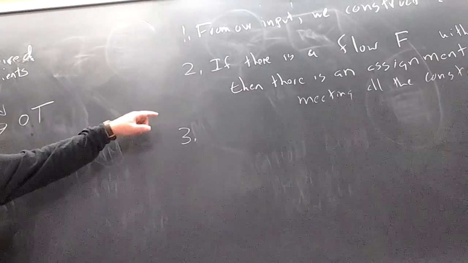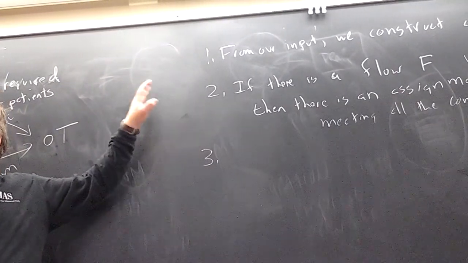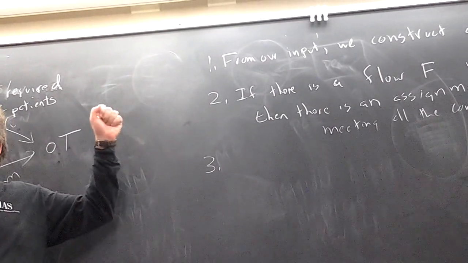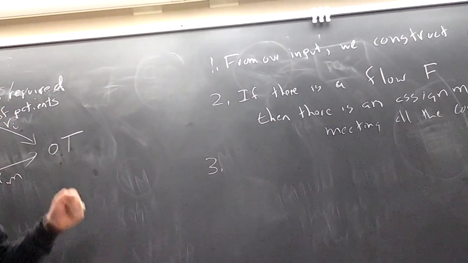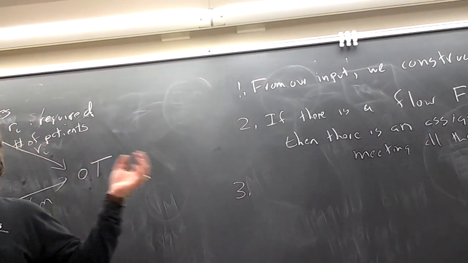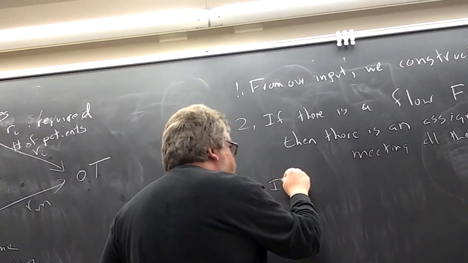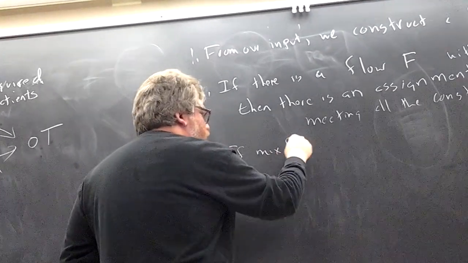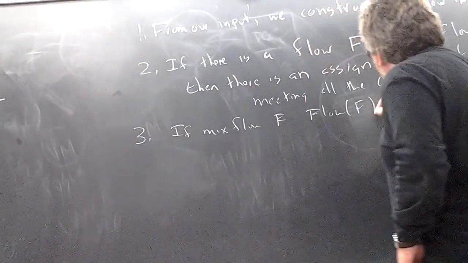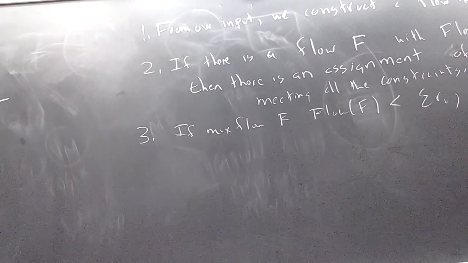Okay. So if we do this, are we done? There's one other thing we need to say. Because what if there is no flow? Then what should be the case? So if the max flow F has flow less than the sum of the RIs, what do we want to be the case?